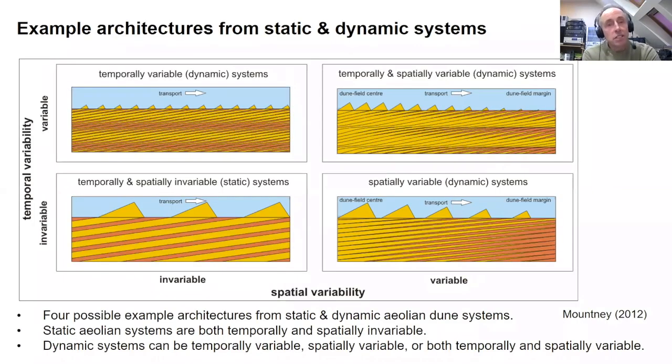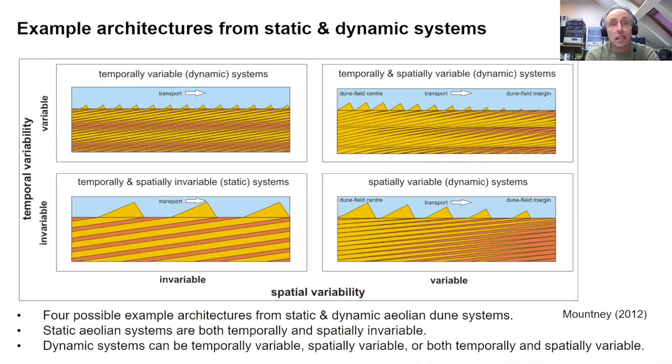So just to place those different styles into some kind of context, here's a graph which identifies 4 different types. The very simplest type is where the dunes don't really vary in their shape or their speed of migration or their angle of climb over space or over time. And so we get very simple stratigraphies, the bottom left example.